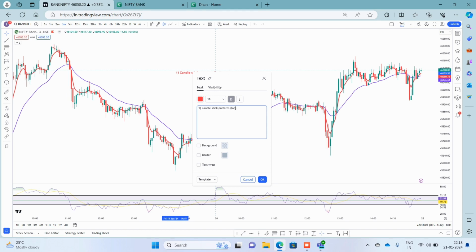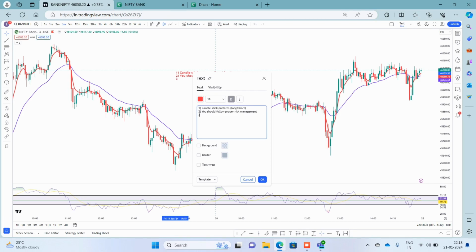And the second condition is you should follow proper risk management.